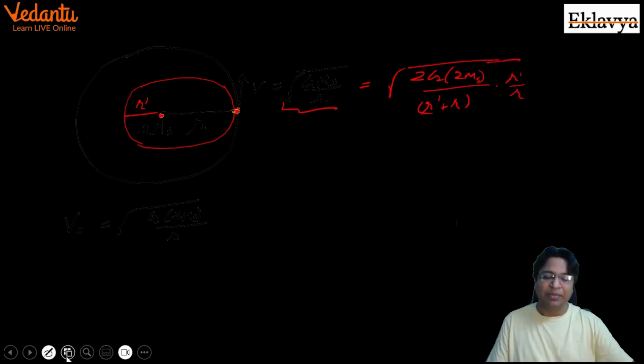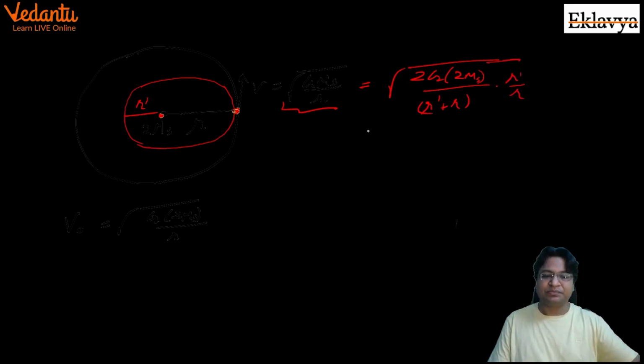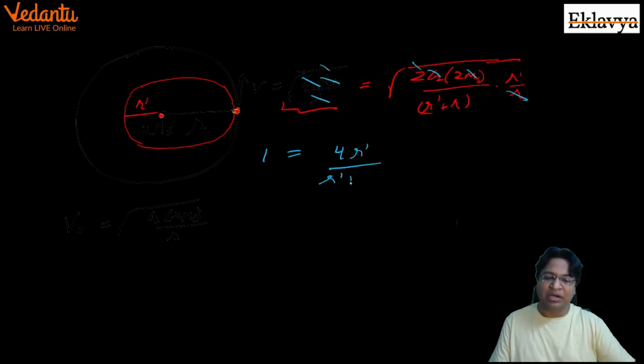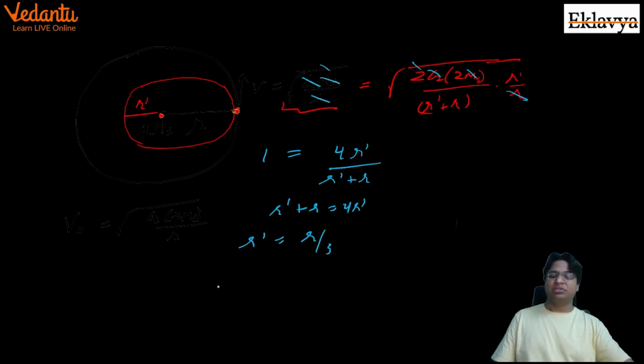GM_s gets cancelled, r gets cancelled, and we can remove the root sign also. So what we are getting is 1 is equal to 4 r dash upon r dash plus r. So r dash plus r is equal to 4 r dash, so r dash is equal to r by 3.